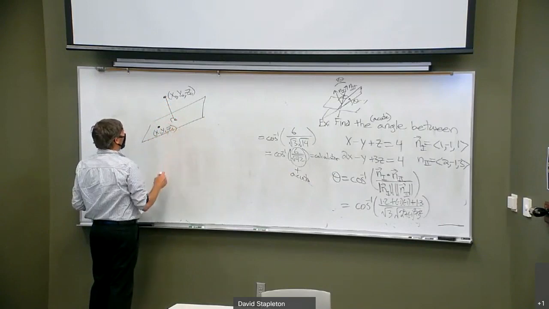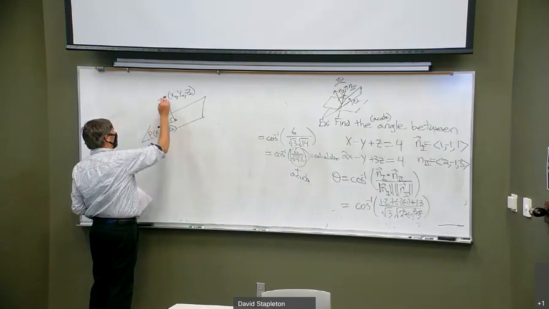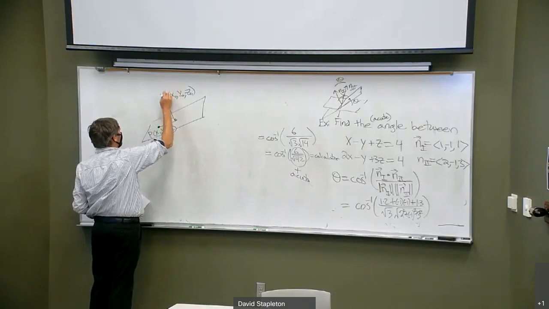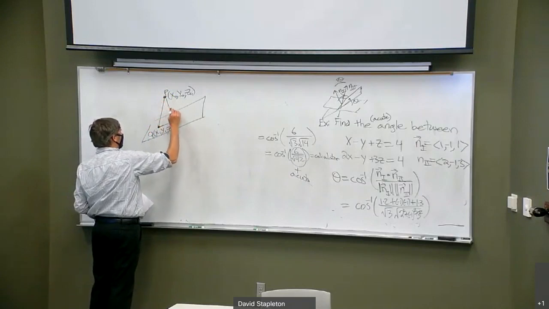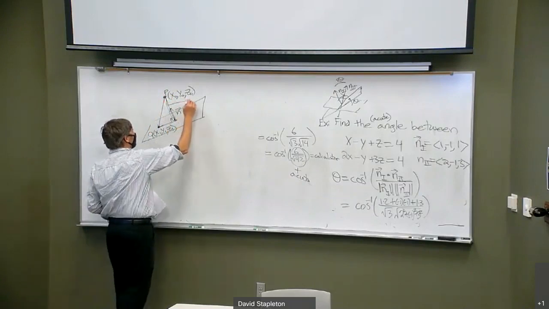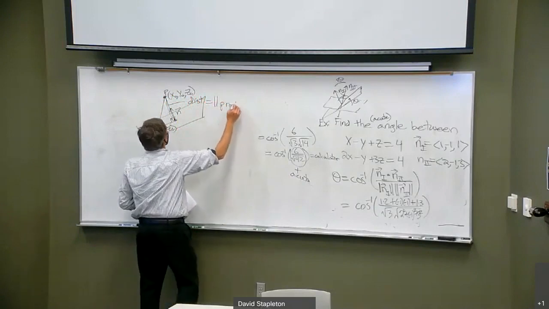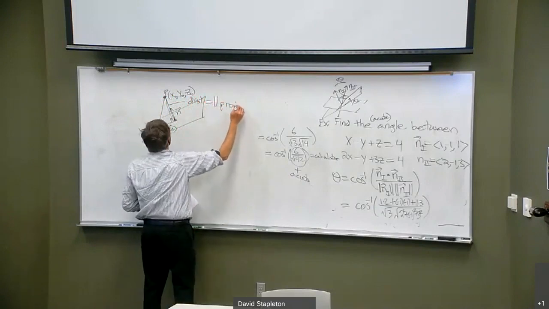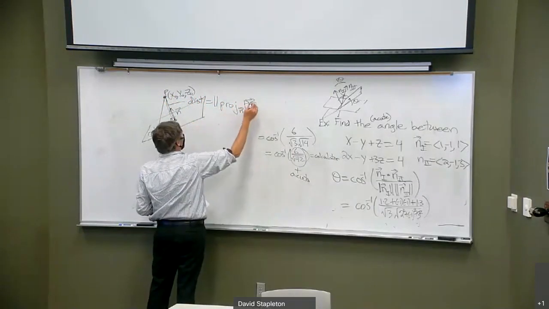I can take this vector and call this point P and this point Q. Let's call this one P, and Q. If we take the vector PQ and this normal vector n, it's the length of the projection. So distance equals the length of the projection of PQ onto n, which is just the vector ABC, right?